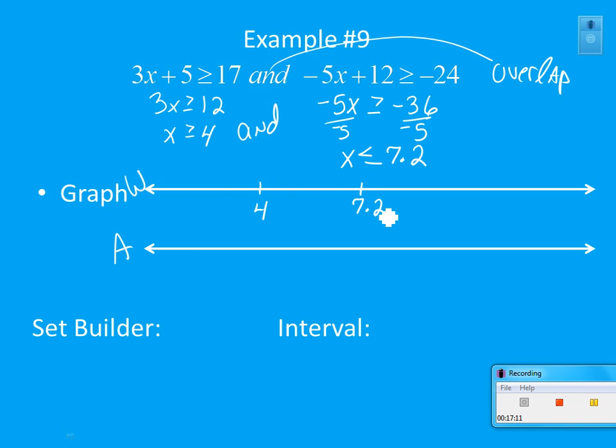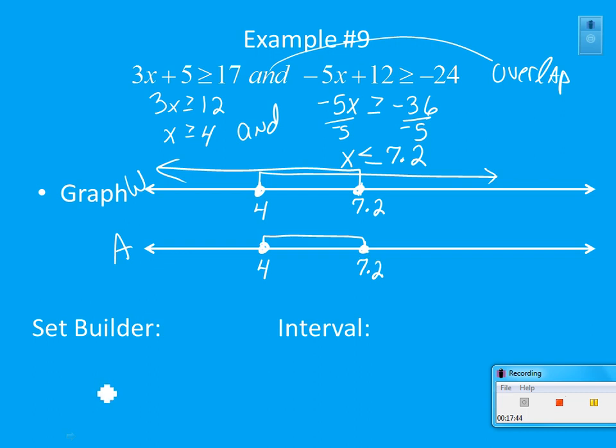I have a closed dot on 4, going to the right, and a closed dot on 7.2, going to the left. Where do those two graphs overlap? Between 4 and 7.2. So on my answer graph, I got 4 and 7.2, closed dot, and everything between.